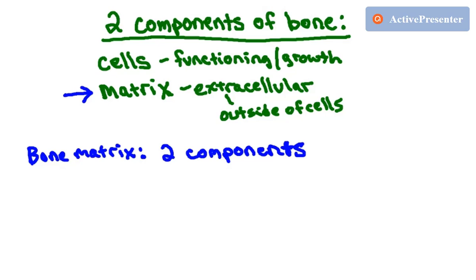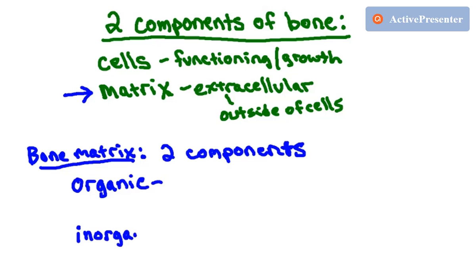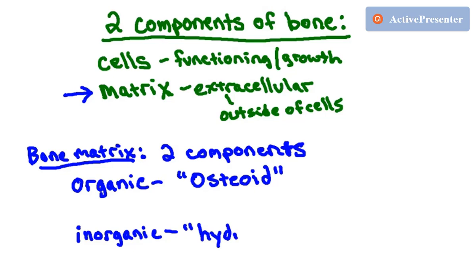And there's two components of the bone tissue, the cells and the matrix. And now there's two components of the matrix: the organic component and the inorganic component. The organic component is called osteoid. The inorganic component is called, wait for it, hydroxyapatite.